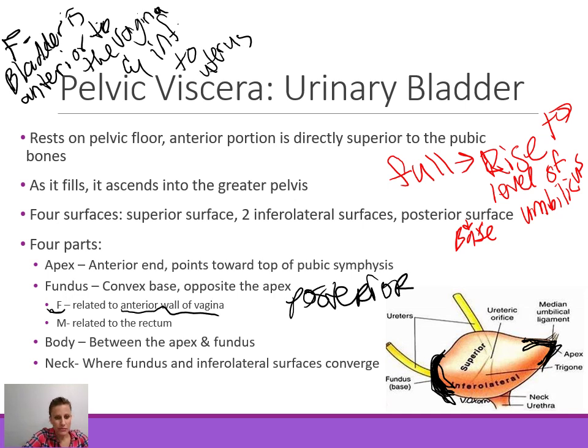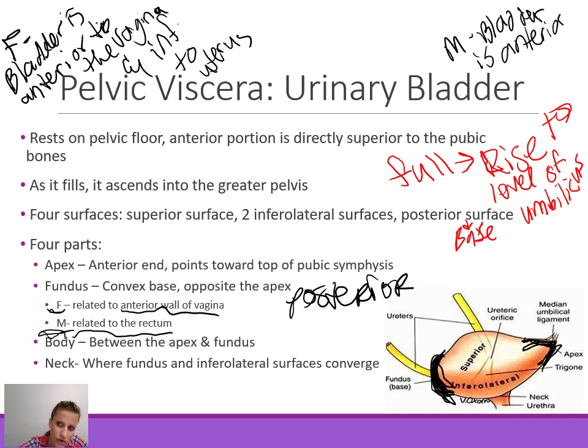In males, the fundus of the bladder, or the back posterior base of the bladder, is related to the rectum. So in males, the bladder is anterior to the rectum.